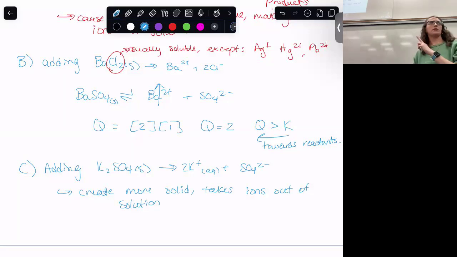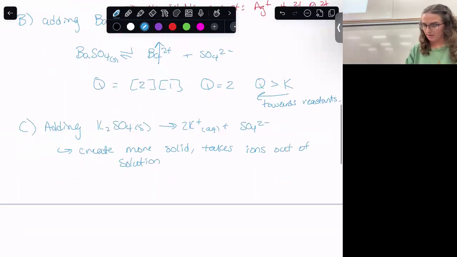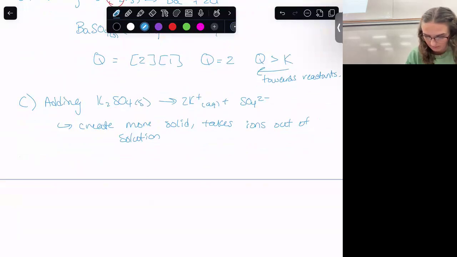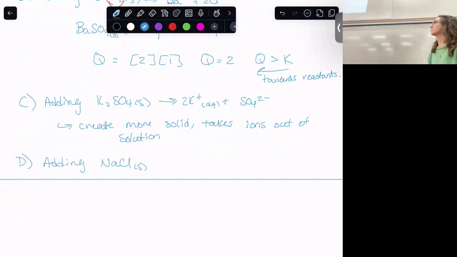Hey, questions on B and C? Does that make sense? Okay, so then the different one is D. This time we're adding sodium chloride. What happens to sodium chloride in solution? That breaks into Na plus and Cl minus.